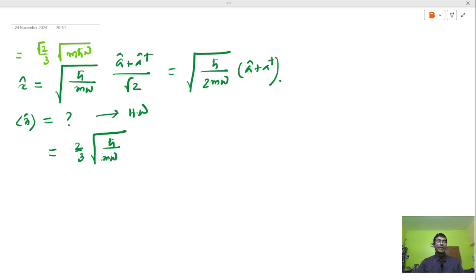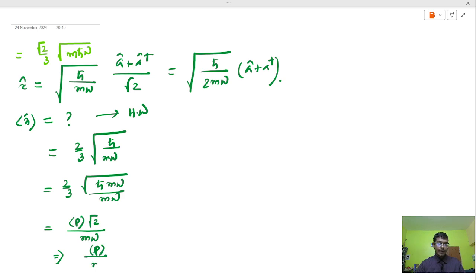This is basically a TIFR question, 5 marks, so it is a lengthy question, and you should calculate very carefully. We just match here 2 by 3 root of h cross by m omega, and the expectation of p by m omega is equal to 1 by root 2 times the expectation of x.